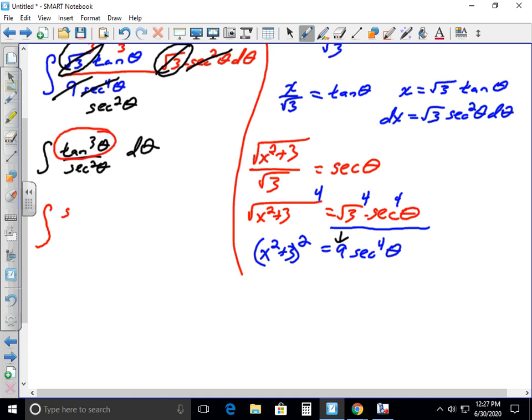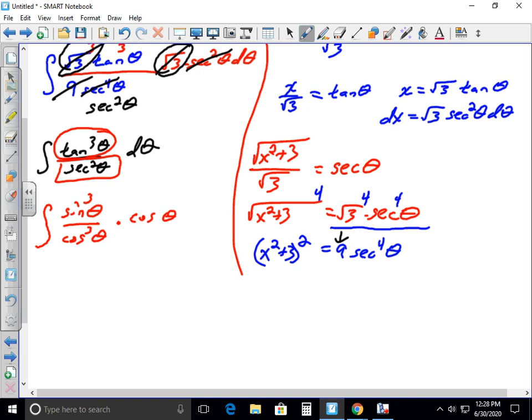Tangent is sine over cosine. So tangent cubed would be sine cubed over cosine cubed. Secant is 1 over cosine. So instead of dividing by 1 over cosine, let's multiply by cosine over 1.